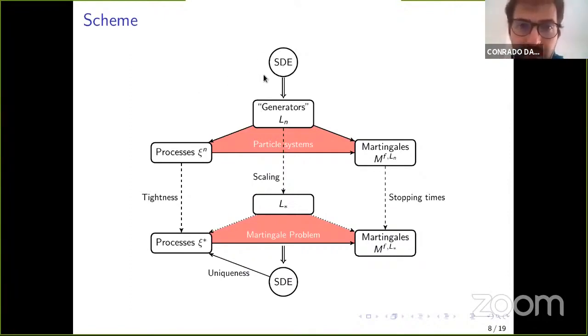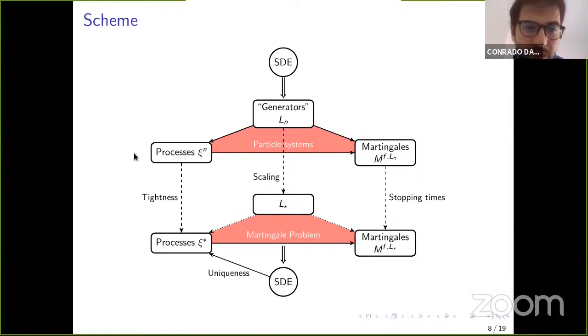So from the stochastic differential equation, we build these generators. We assemble the particle systems in a way, and now we have a family of processes that we're going to study, and we're interested in studying the limit.